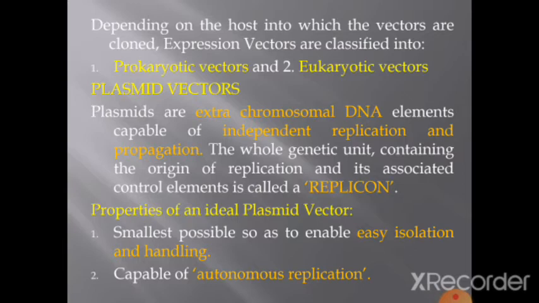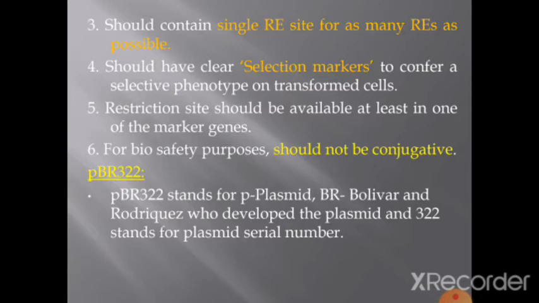Now, after knowing the properties of an ideal vector in general, you should know the properties of a good plasmid vector. Number one, as small as possible so that it is easy for isolation and handling. That's the only reason you prefer smaller ones. Then they should be capable of autonomous replication. Then they should contain a single restriction site for as many restriction enzymes as possible.